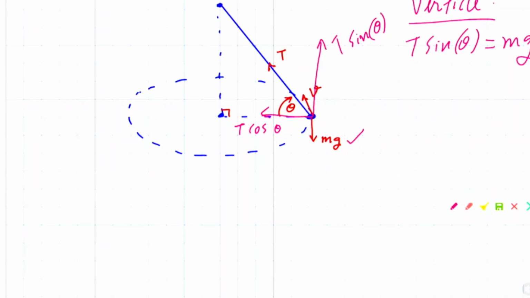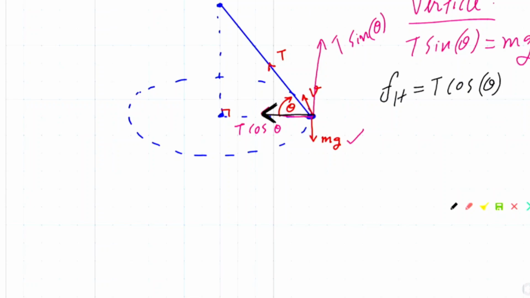No, I can't see it. So there is no force that way. If you think about horizontally, this T cos theta is the only force you have horizontally. So if you have T cos theta as the horizontal force, do you have horizontal force balance?